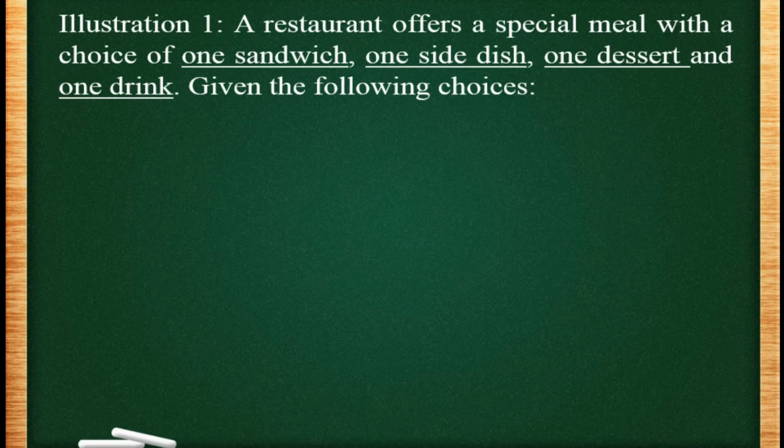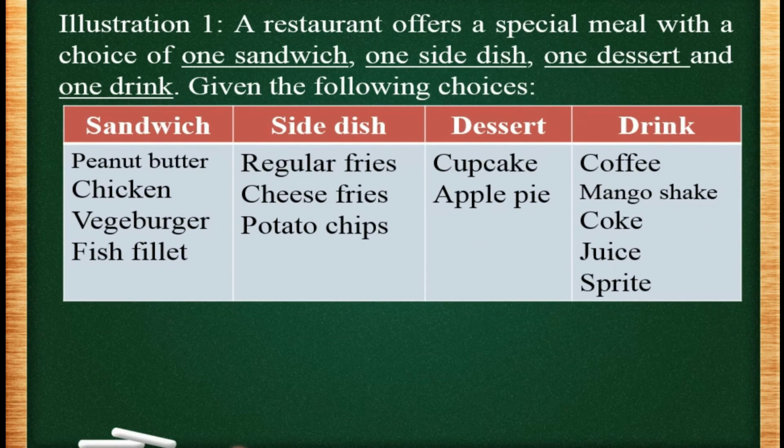A restaurant offers a special meal with a choice of one sandwich, one side dish, one dessert, and one drink. Given the following choices. For sandwich, you can have peanut butter, or chicken, or veggie burger, or fish fillet.